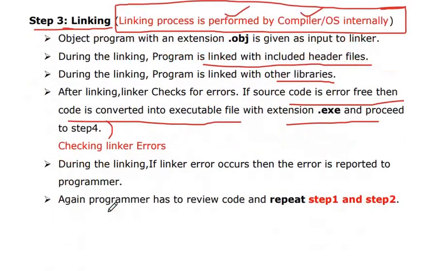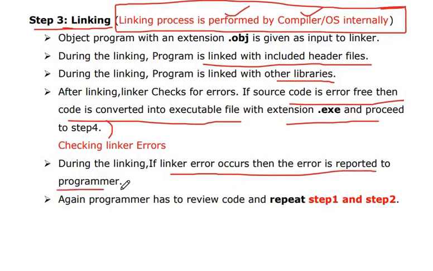Now let us see checking for linker errors. During the linking process, if a linker error occurs, then the error is reported to the programmer or user. Then the programmer has to review the code and repeat step 1 and step 2.